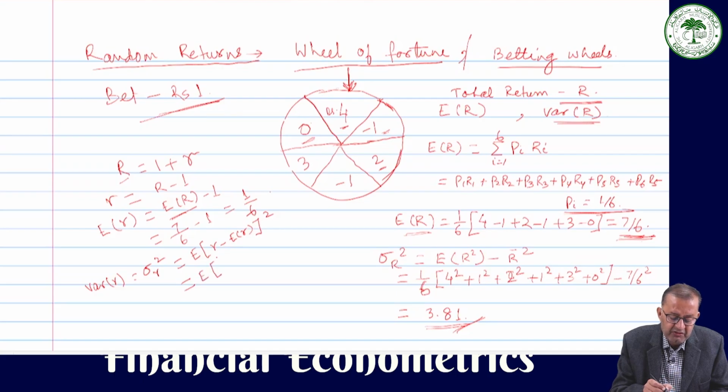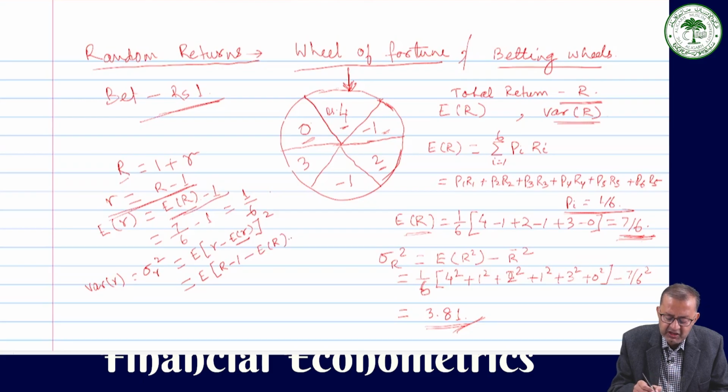Expected value of, what is this r? r is equal to R minus 1. So, you write down R minus 1 minus expected value of R minus 1, whole square.